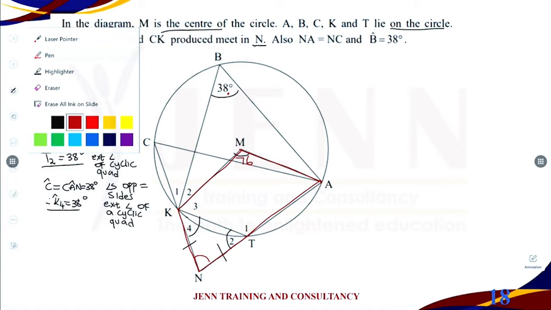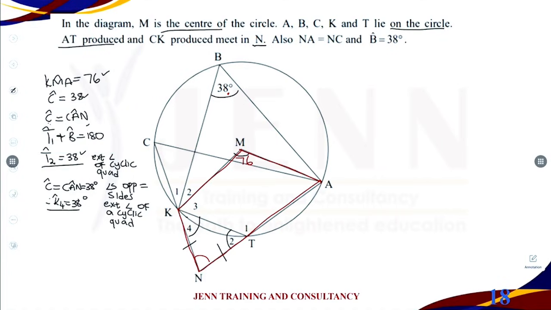Remember our triangle information states that the interior angles of triangle KTN must add up to 180 degrees. So that simply means angle K4 plus angle T2 plus angle N is 180 degrees, and the reason is sum of angles in a triangle.